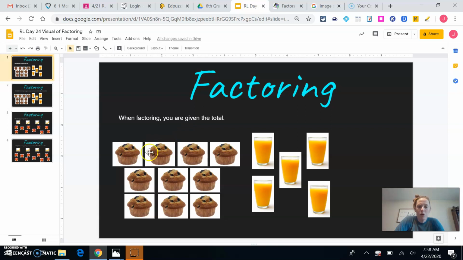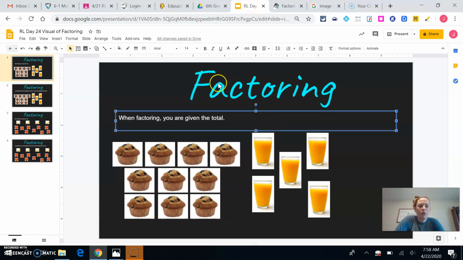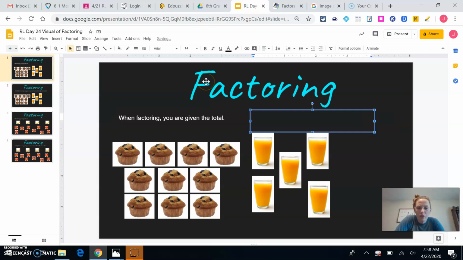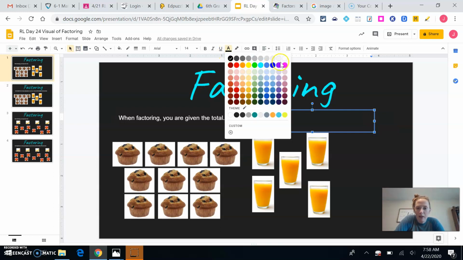We could count: 1, 2, 3, 4, 5, 6, 7, 8, 9, 10 muffins, and we have 1, 2, 3, 4, 5. We have 5 cups of juice. So I am just going to make sure that we have that in there.